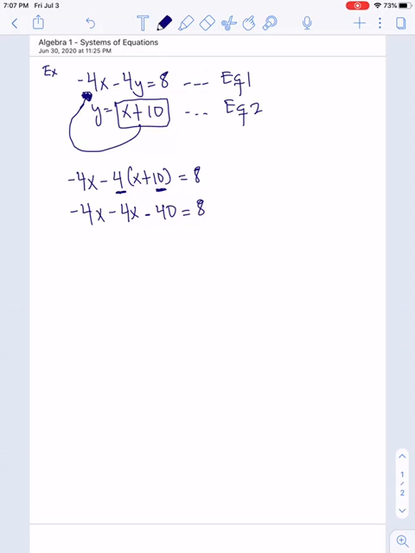In grouping like terms, negative 4x minus negative 4x will be a negative 8x equals 8. When this negative 40 crosses over to the other side of the equation, it's going to be an opposite charge. So it's going to be a positive 40.